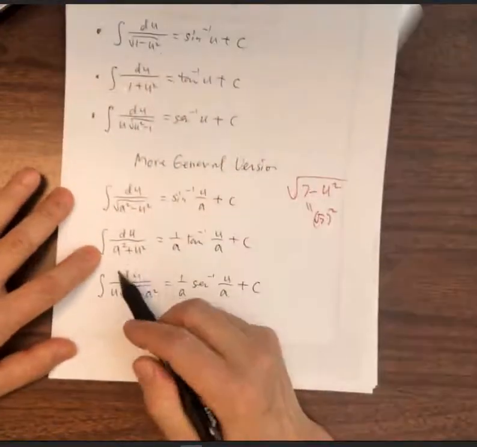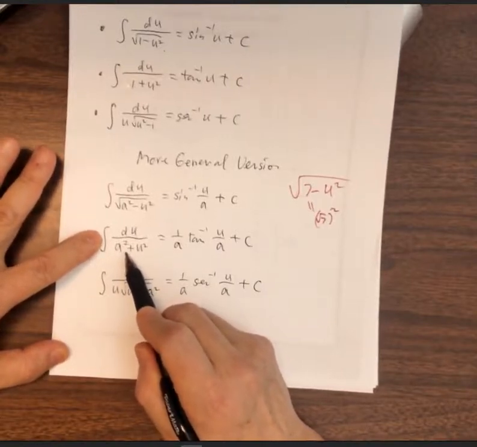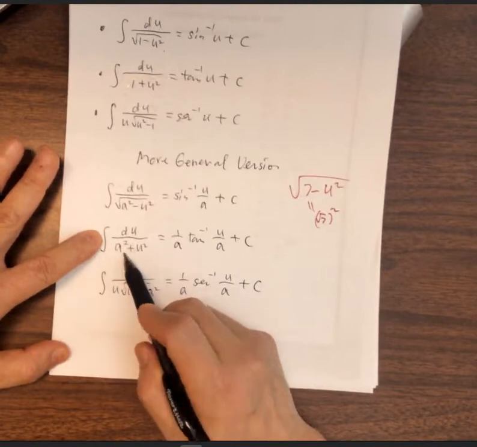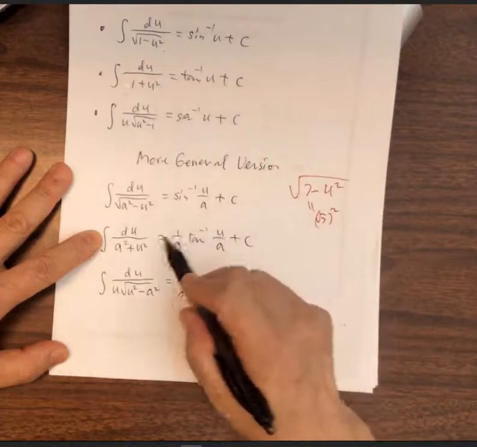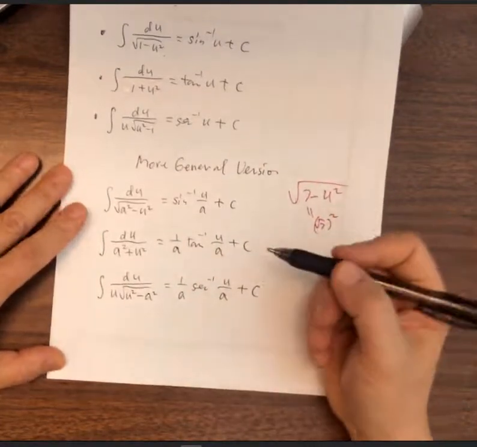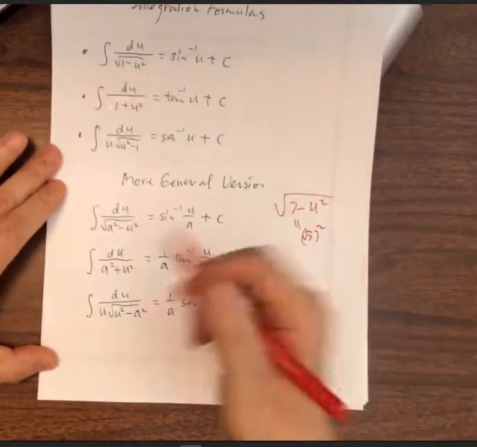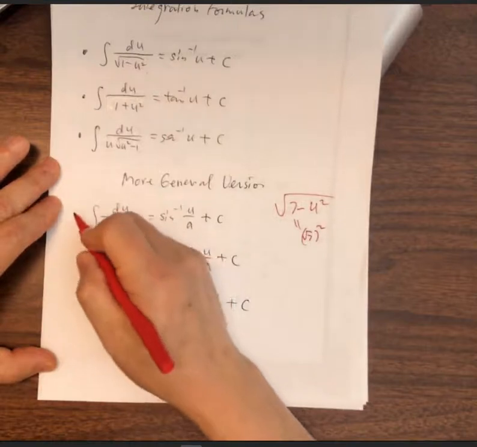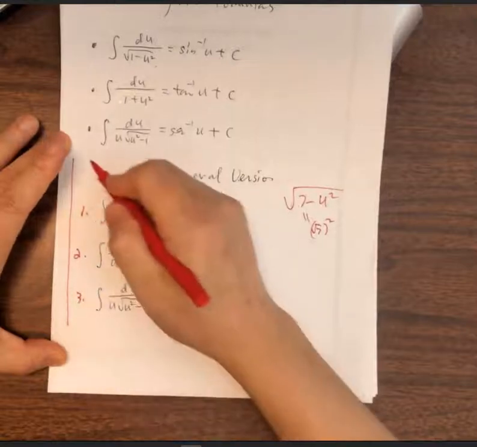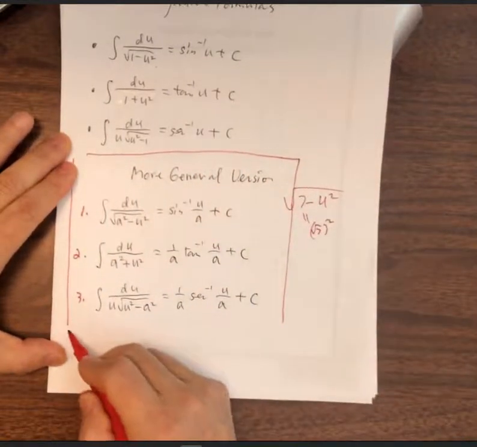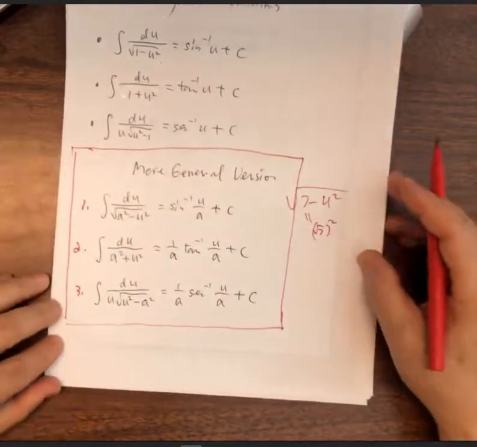Now, the general version of this formula with the a squared here, similarly, if you do the algebra, factor out the a squared, do substitution, you would end up with this. So it's algebra. We don't really need to do that all the time. For this reason, I'm giving you these more general formulas to use.